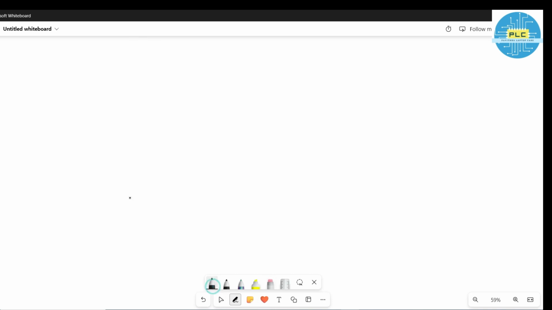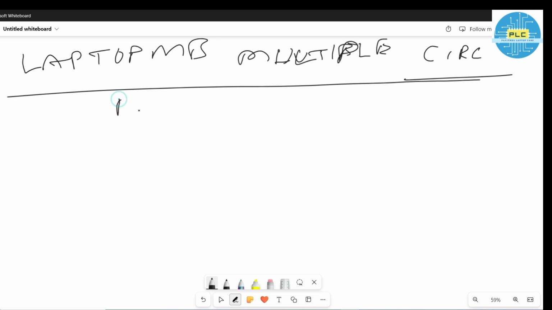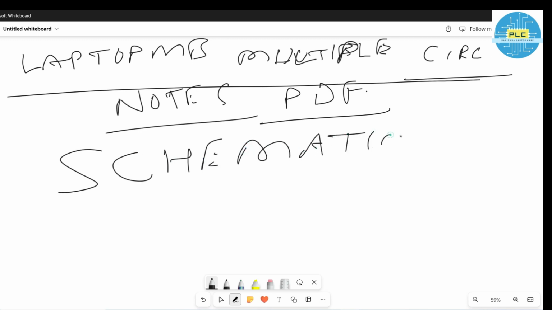To understand the circuits, the laptop motherboard has multiple circuits. For identification, there will be notes, a PDF, that we call a schematic.